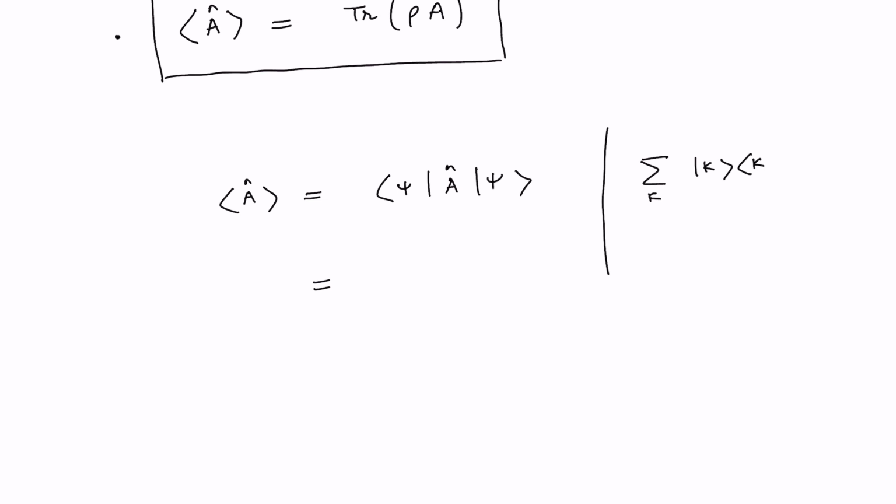Say, sum over k of ket k bra k is equal to identity. I can put this anywhere because it is identity. So let me put it inside here. This is going to be bra psi, ket k bra k, then A is there, and then ket psi, with the summation over k.